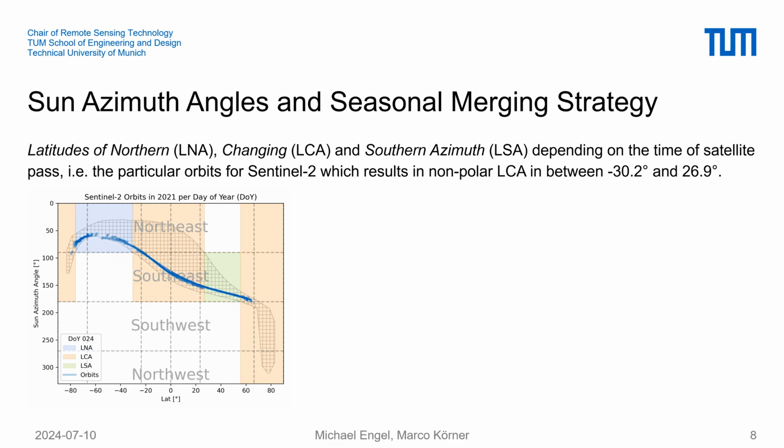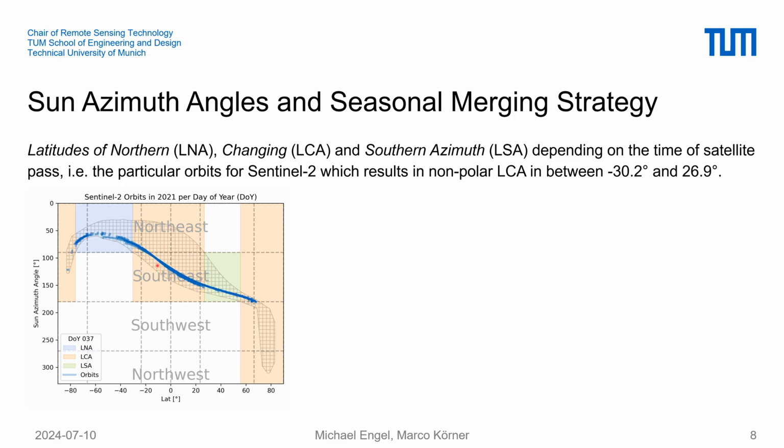We thought of that, and to answer this, we considered the orbits of Sentinel-2 with regard to sun azimuth angles. For that purpose, we used all acquisition plans of 2021 and calculated the azimuth angles for the center lines of the orbits. In the figure, you can see them varying over the day of the year. Right now, we see the orbits in autumn season going from northern summer to northern winter.